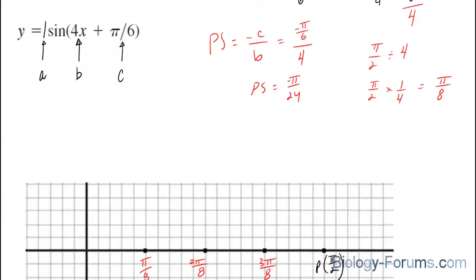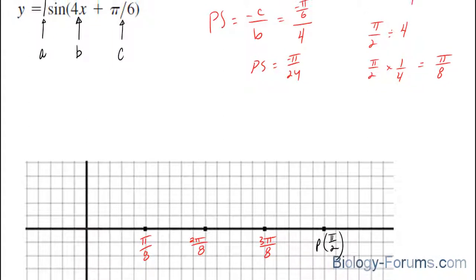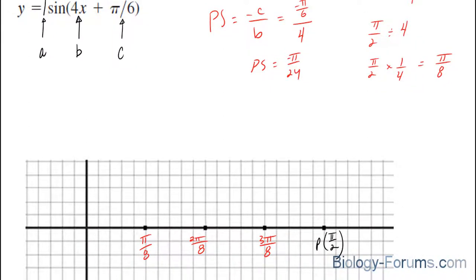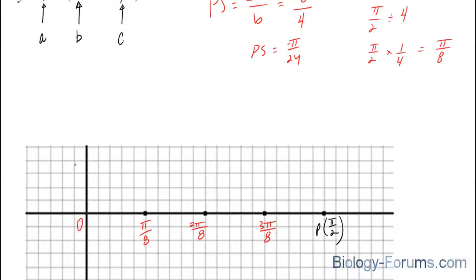Now, since this is a sine function, we know how sine functions behave. They start at 0 and then they oscillate between. So if this is 0 and 0 and we call this point right here 1 and this point right here negative 1, a sine function without a phase shift would look like this.